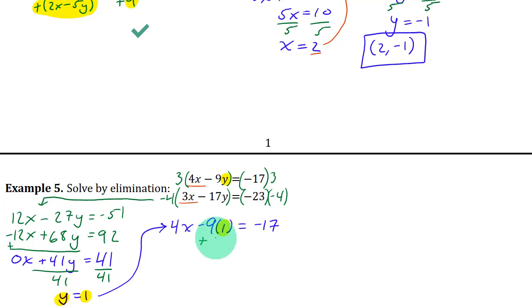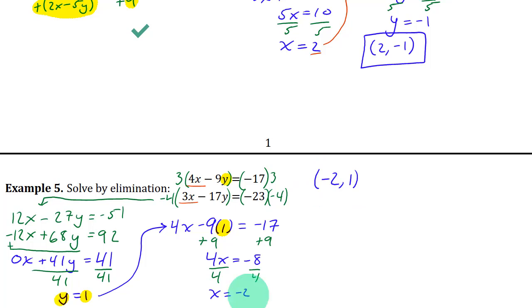And so I can just add that 9 to both sides, because 9 times 1 is just 9. And that gives you 4x equals negative 8. Divide both sides by 4, and you'll get x equals negative 2. So yeah, it sounds like the solution is negative 2, 1.